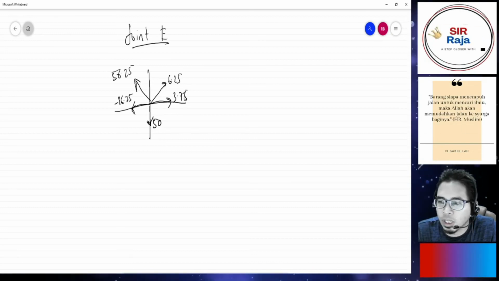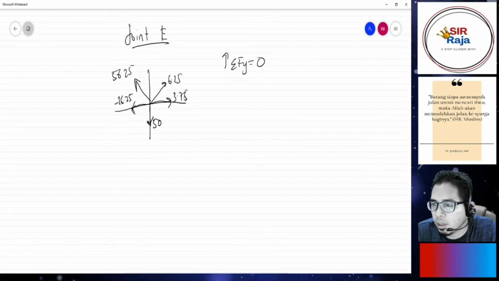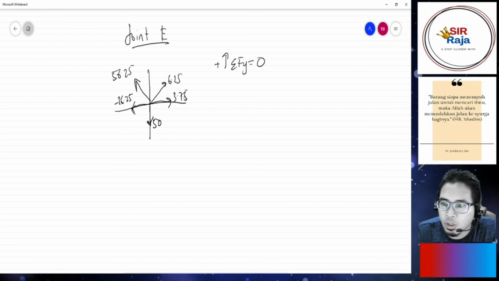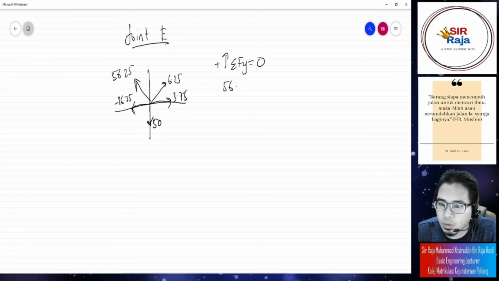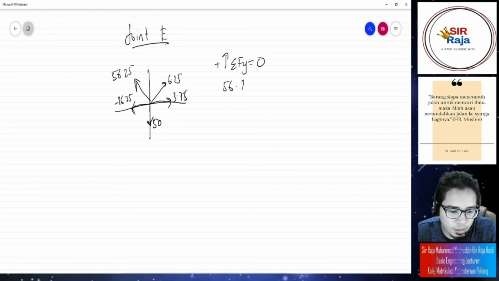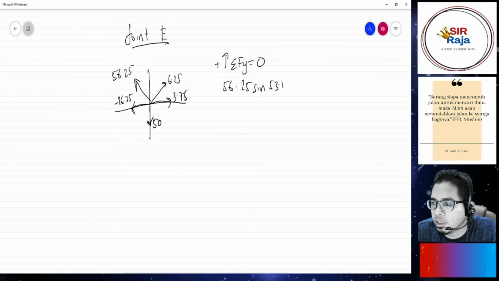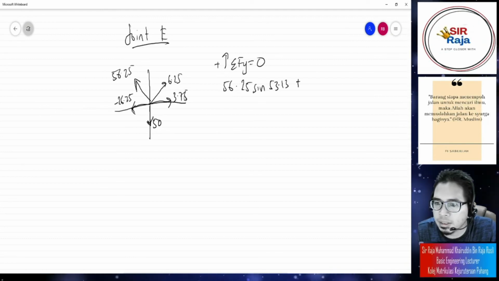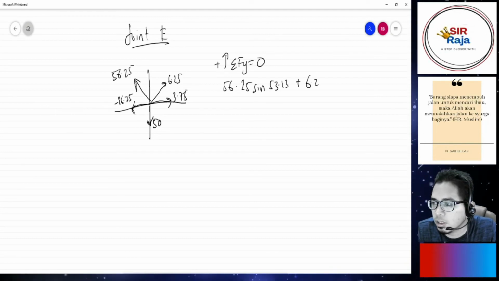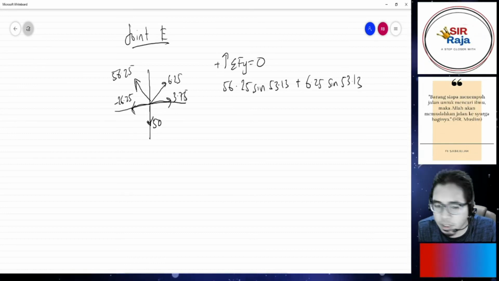Okay, so now we're just gonna check total Fy equal to 0, and we're assuming going up is positive. So we're just gonna do everything. So 56.25, the y component is positive, so you're going upward. 56.25 sine 53.13 plus 6.25 sine 53.13.